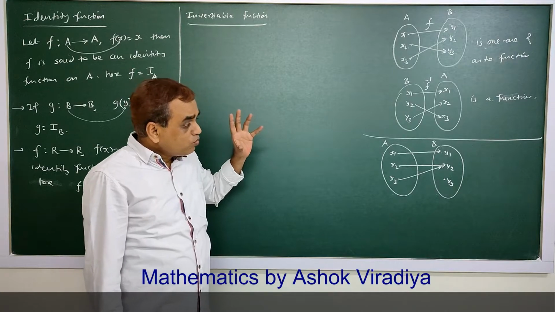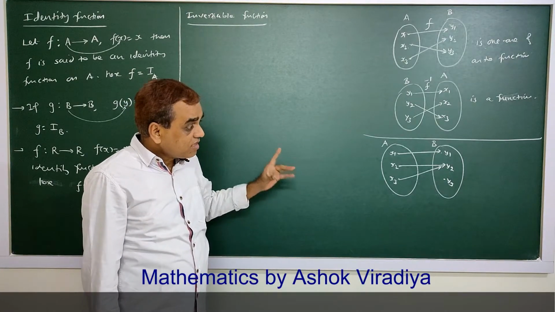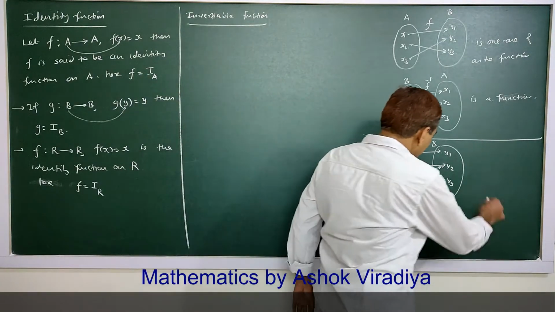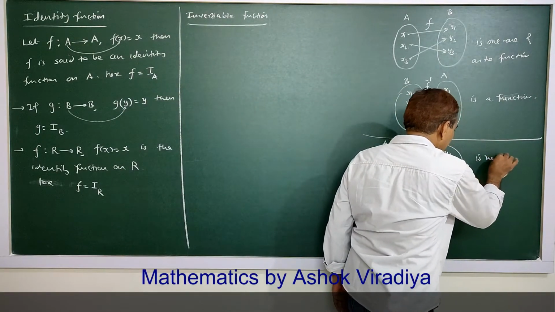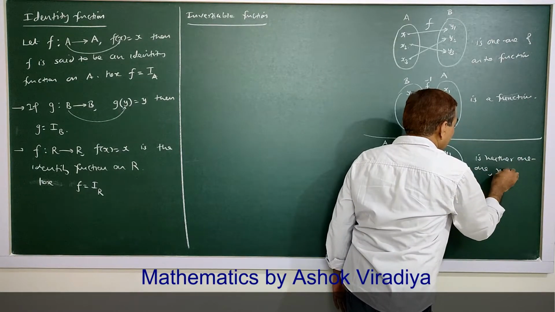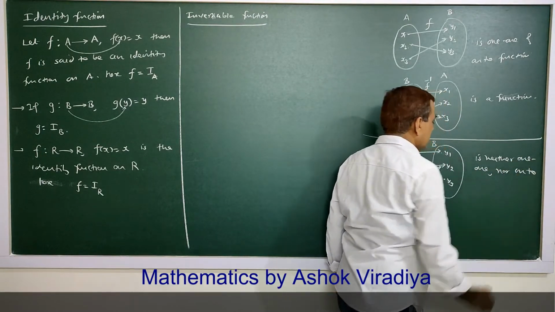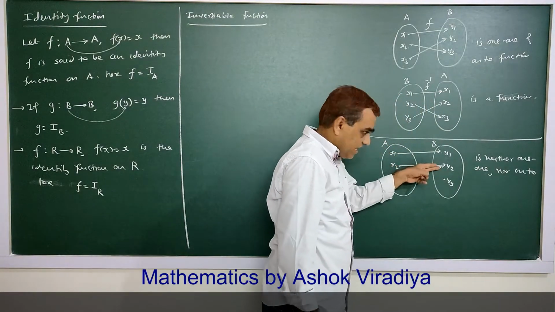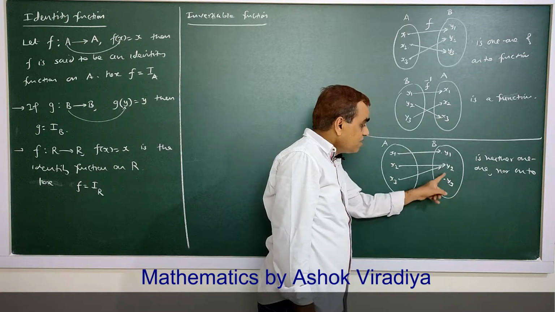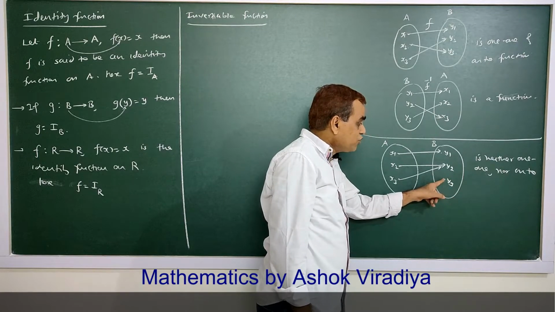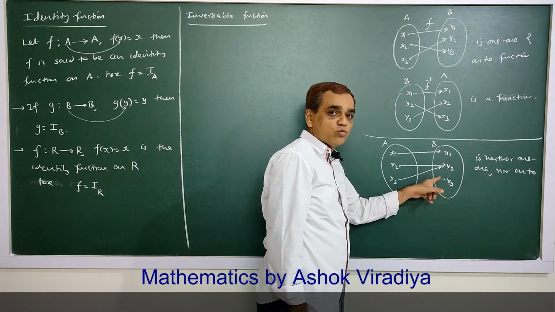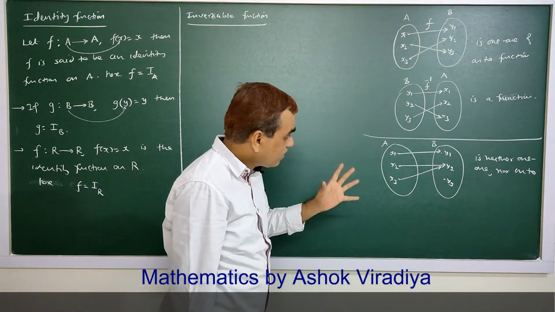This is neither 1-1 nor onto. It is many-one, and because y3 is not image of any element belonging to domain, this is not onto. So this function is neither 1-1 nor onto.